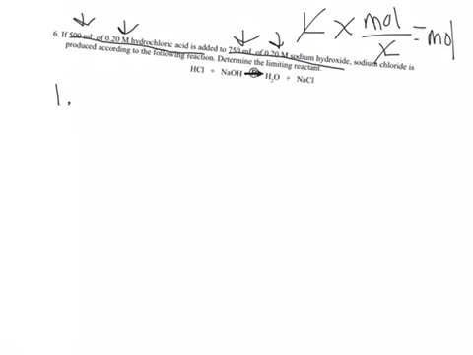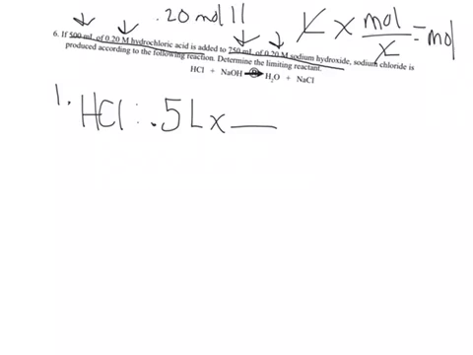So let's start with our first reactant, hydrochloric acid. With hydrochloric acid, we are given 500 milliliters, which is the same thing as 0.5 liters, and we're going to multiply it by its molarity. That is 0.20 moles of HCl over 1 liter.